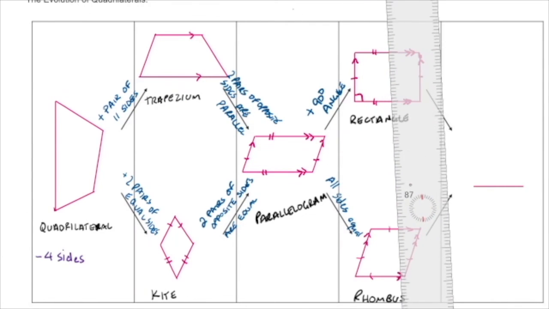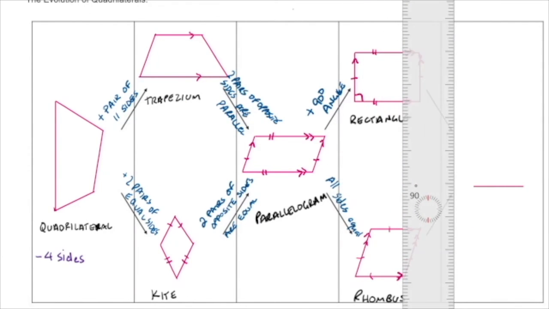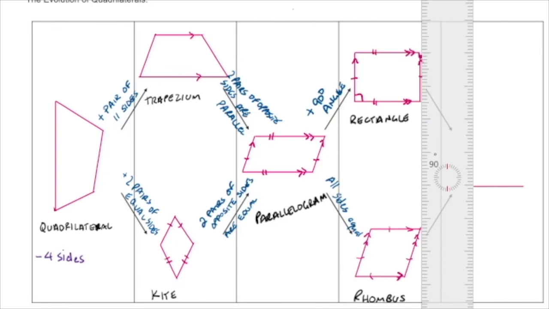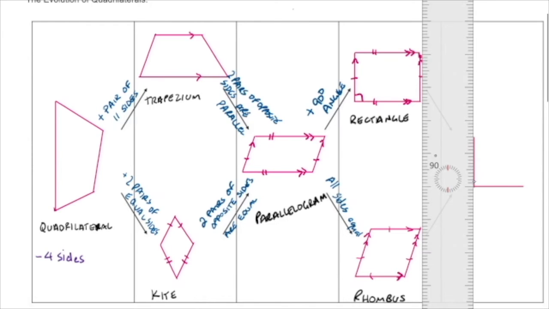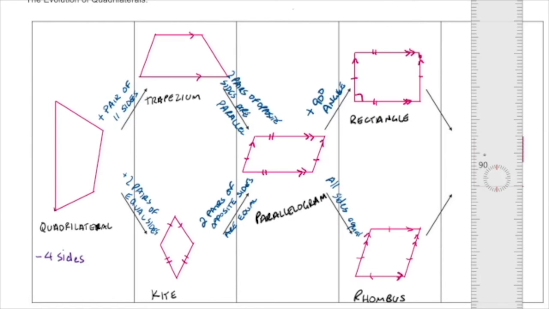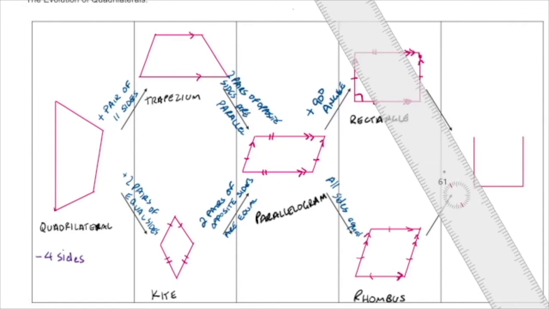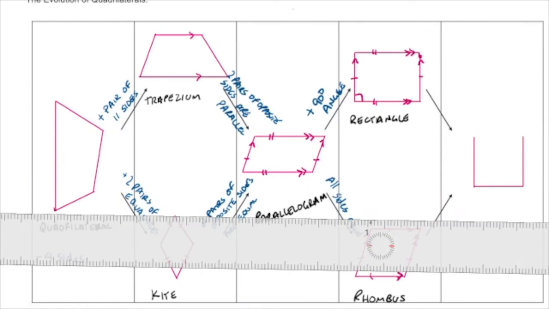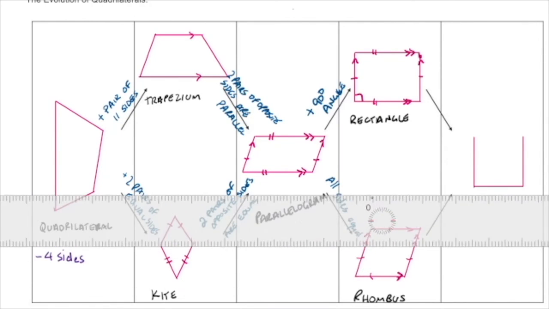So let's draw in our square. Make sure we try and get it right. And then I actually can't get rid of the ruler yet.